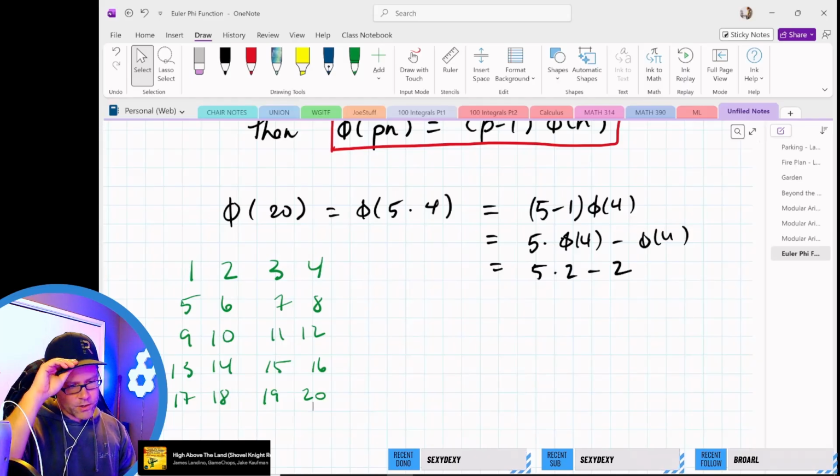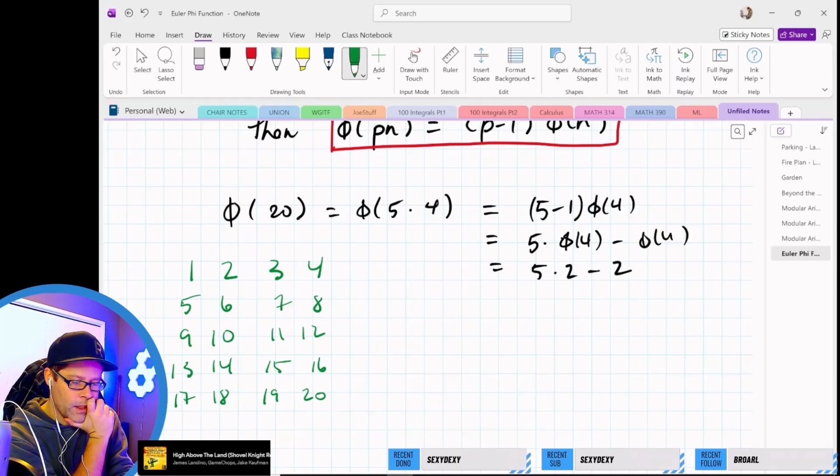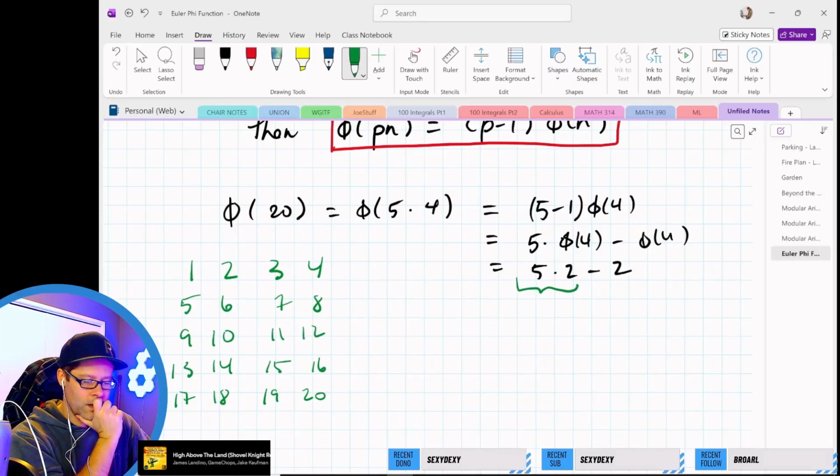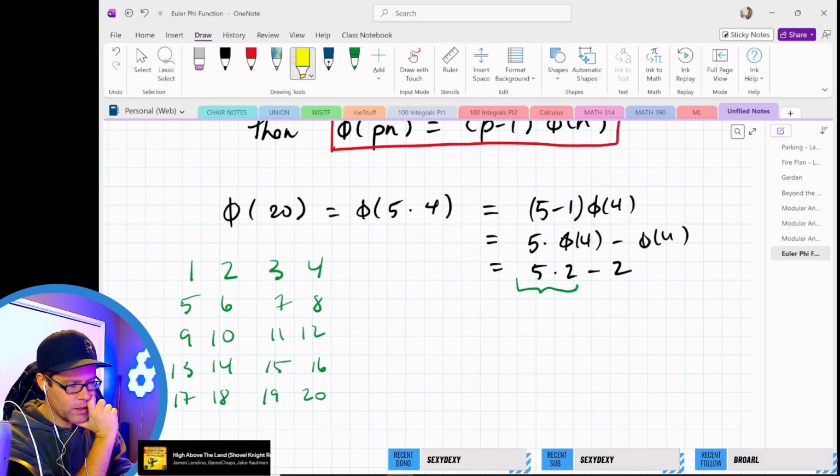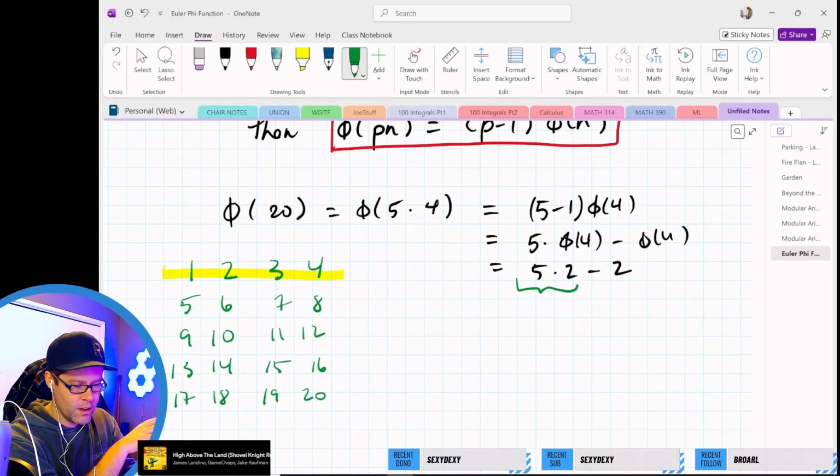So where are these groups coming from? I'm basically just going to be looking at this first row and asking, what's co-prime with 4?